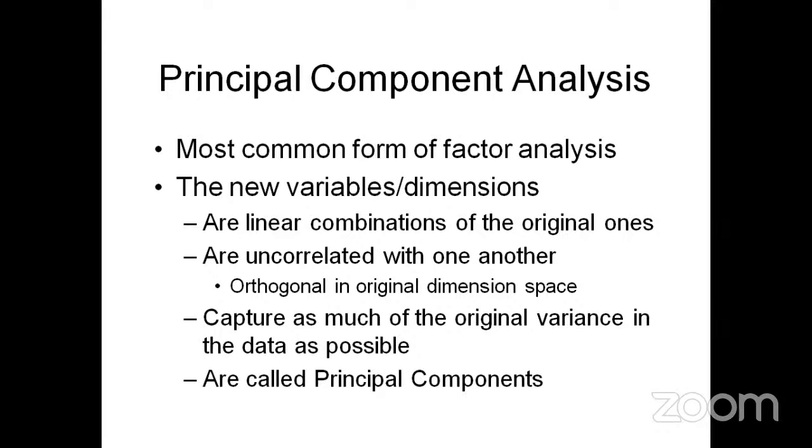They are orthogonal in the original dimension space and capture as much of the original variance in the data as possible, and that's why they are called principal components.